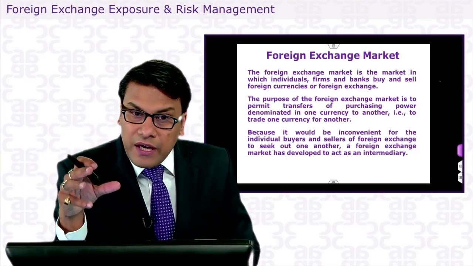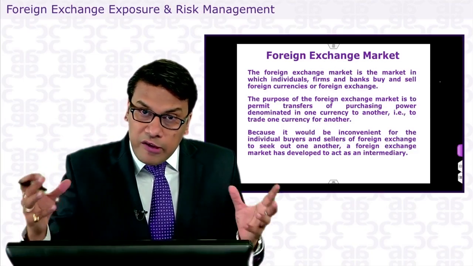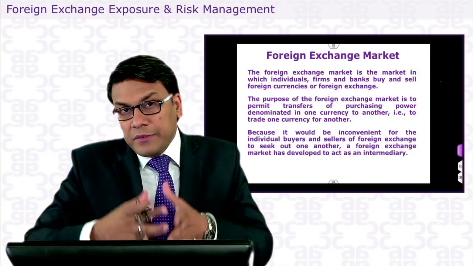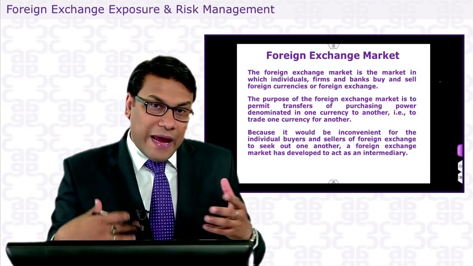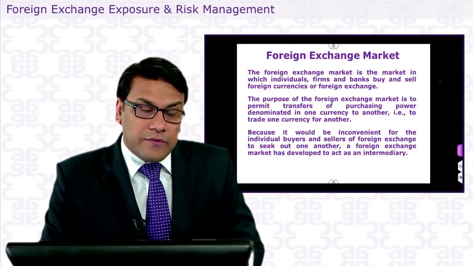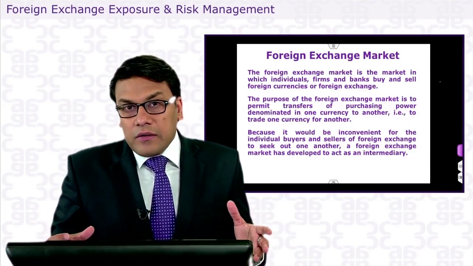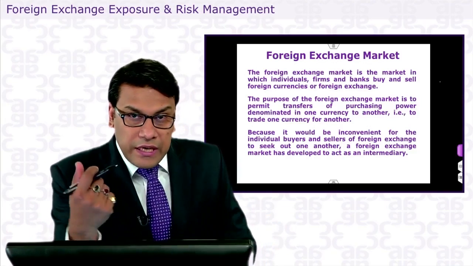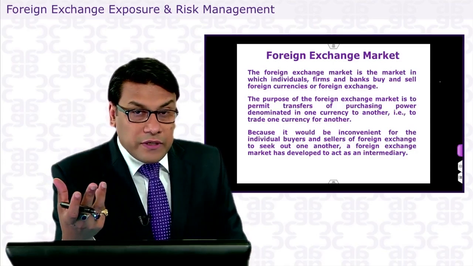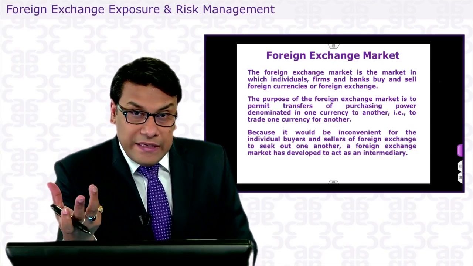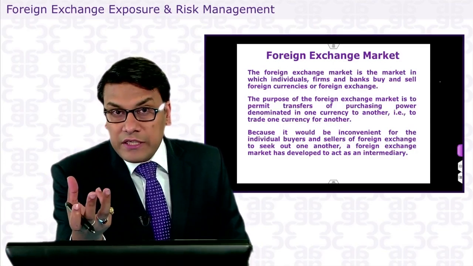So the foreign exchange market has actually been developed by a set of intermediaries, and these intermediaries act on behalf of their client, on behalf of their customer, and provide services. So in turn, in offering those services, they get their commission.